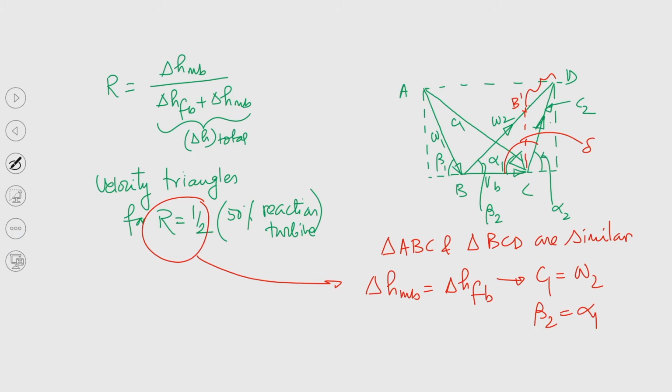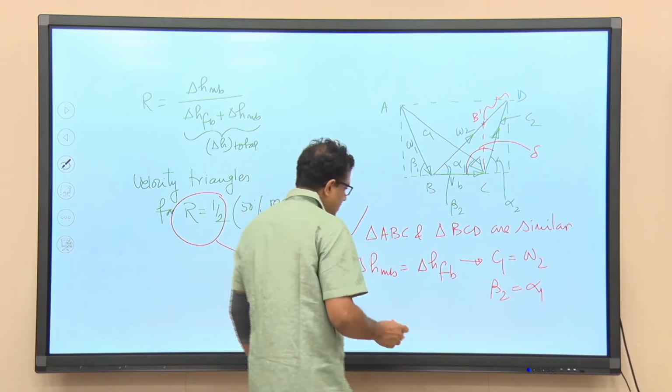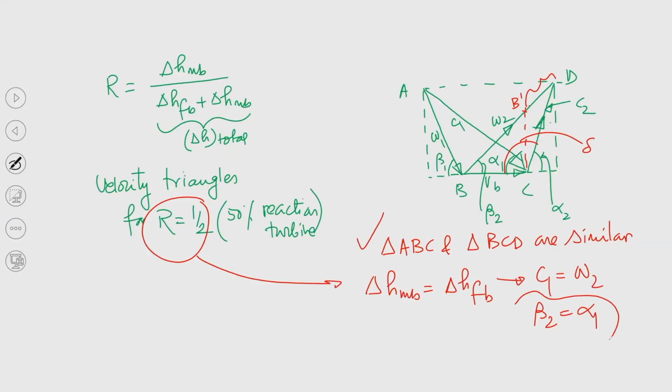Now, if these two triangles are similar, we can write. This is basically coming from the fact that fixed blades and moving blades are made similar in shape.